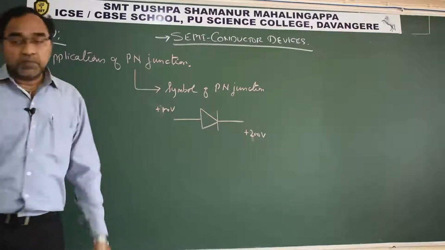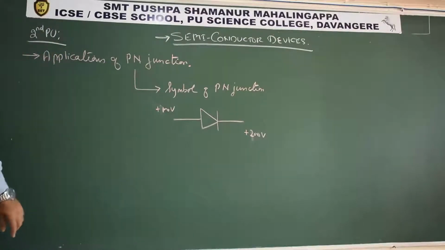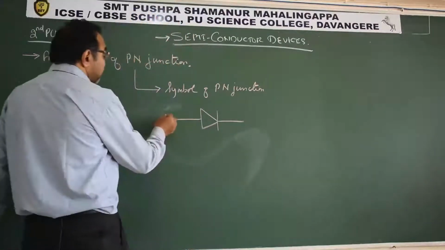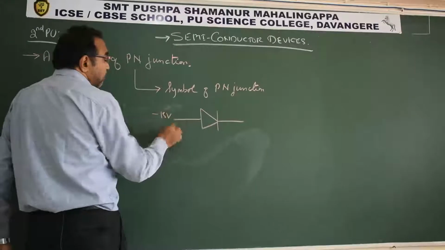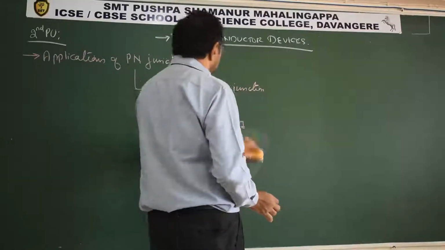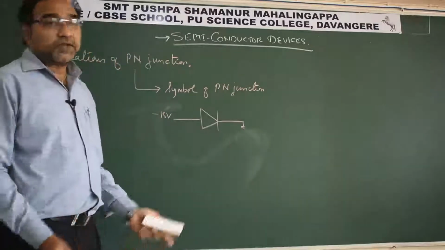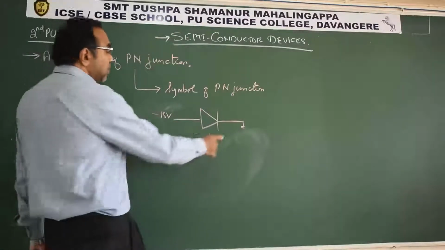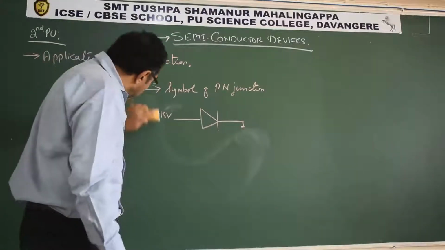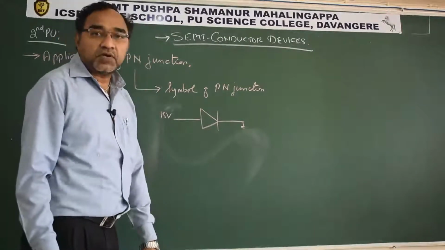Now many questions will be there, like what the type is. They will put here minus 15 volt and this is grounded, they will say, that is 0. Is this forward bias or reverse bias? This is reverse bias, because ground 0 is more than minus 15. Suppose if minus is removed, this is forward bias.